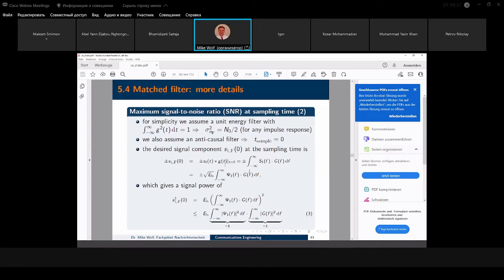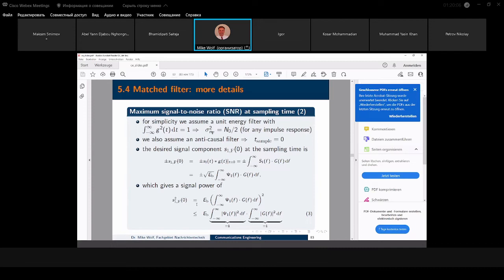So I have to integrate from minus infinity to plus infinity S1 of f times G of f, and there are two possibilities for this S1 of t, namely plus or minus S1 of t. This is the expression. And now we can express this S1 of f as psi1 of f times plus or minus square root of EB, as we have done before.